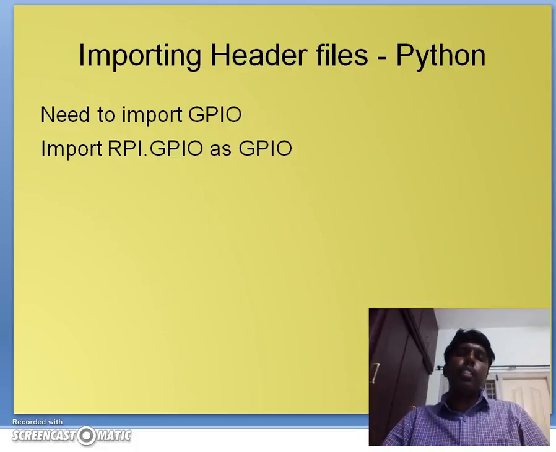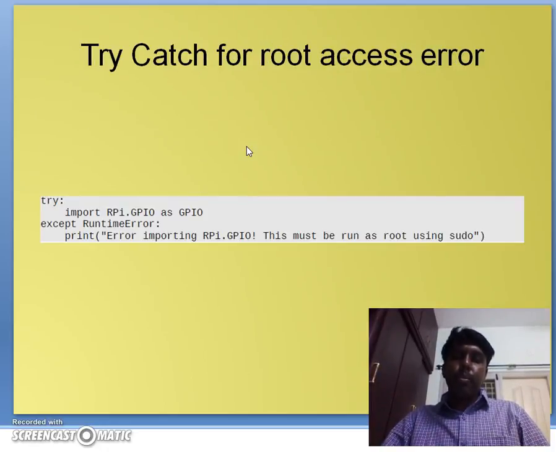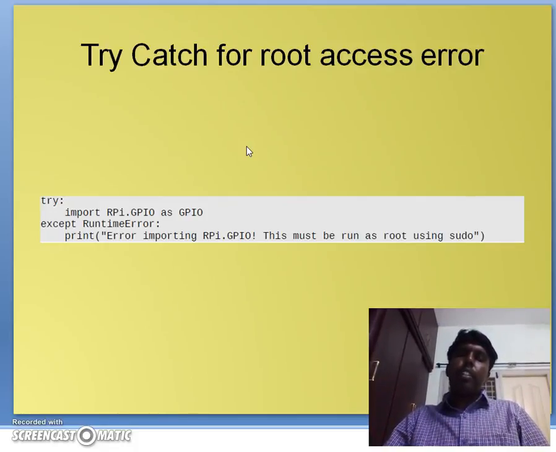Here in Python, for these robotic applications, we are importing only one header file, that is import RPi.GPIO as GPIO. That is for the input and output of this robotic vehicle. Then you are using try-catch error handling.